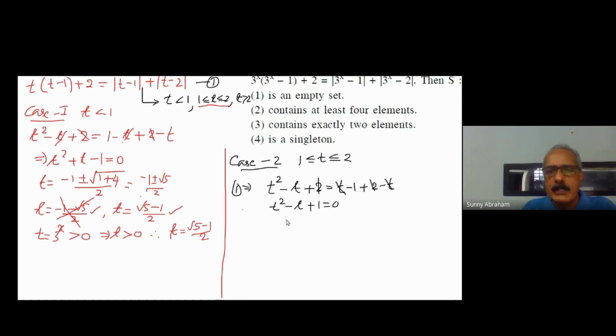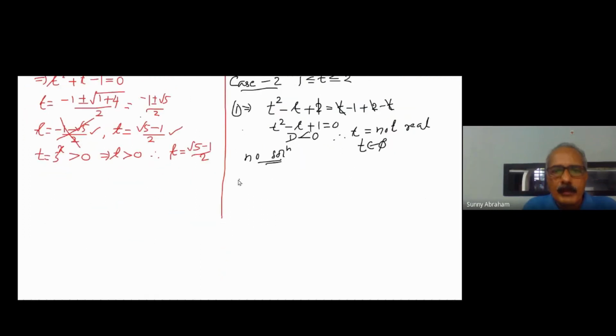You know this is a quadratic equation. Here the discriminant is less than 0. Therefore, t is not real, so there is no solution in the second case.